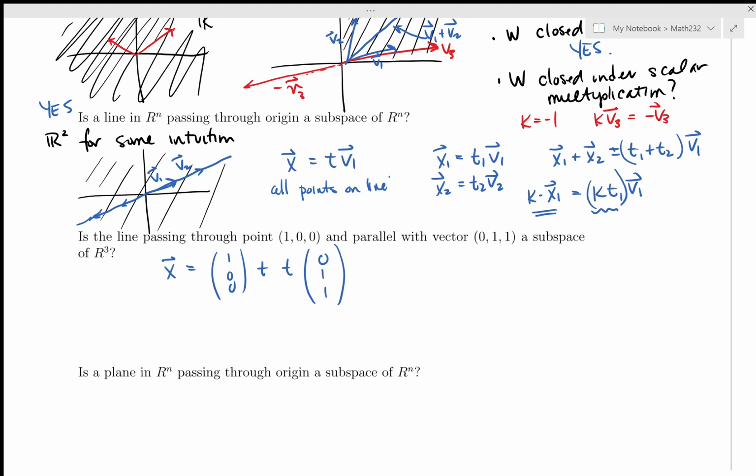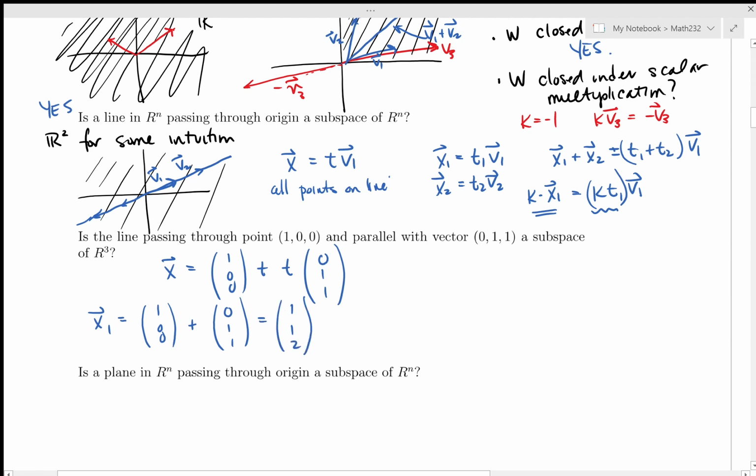Okay, so let's take a look at what can happen. That means that all of the vectors have to look like this. And so I could do the same kind of an idea. I can consider some value x1, which would look like this, 1, 0, 0, plus I'm putting t equal to 1, 0, 1, 1, and that would be this vector here.